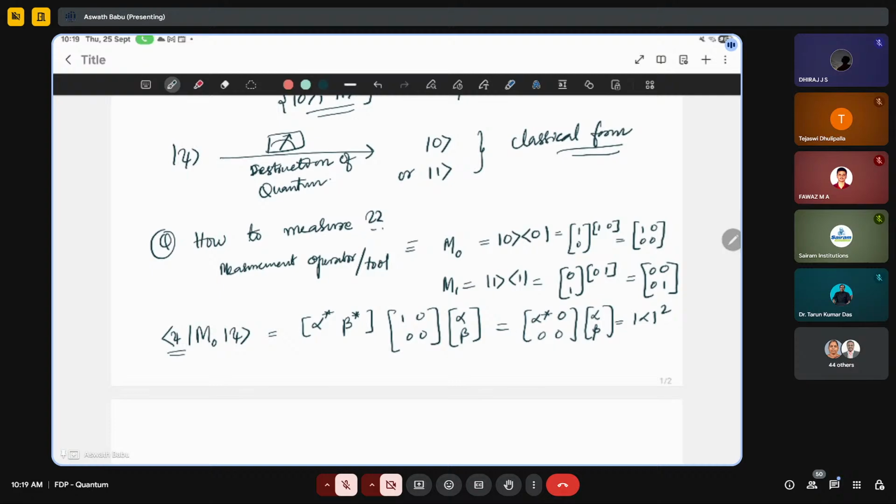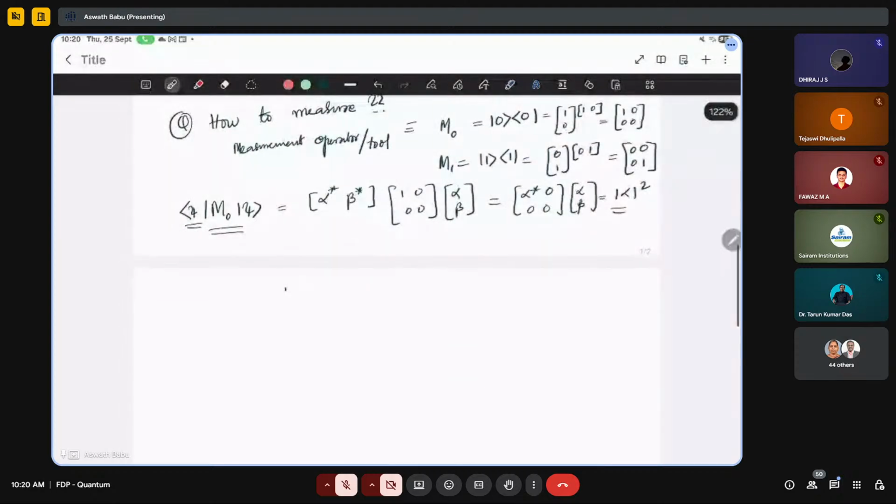See, the quantum state measurement is giving me a number, in which state it falls, if you want to find. So you would be doing M0 acting on psi, which is going to give you the matrix 1 0 0 0 times alpha beta. So what you will get is alpha 0, which is alpha into 1 0, which is alpha times 0 ket.